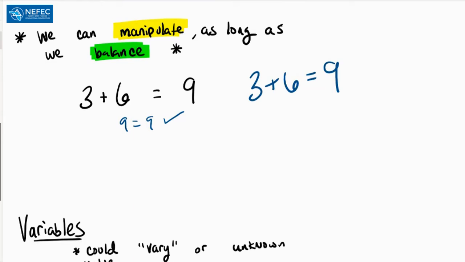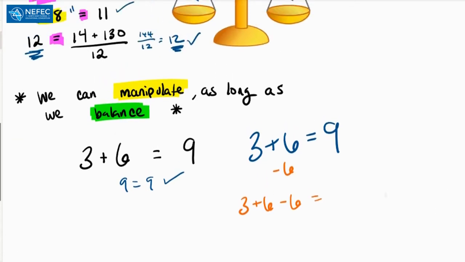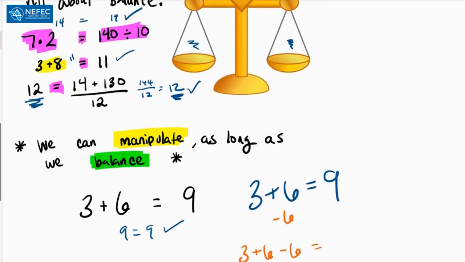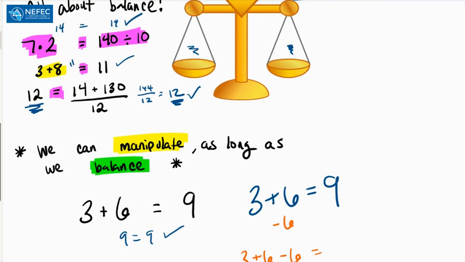Instead of 3 plus 6, I'm going to subtract 6 and rewrite this as 3 plus 6 minus 6 equals. If we go back to the image of the balance, what I've done is taken some out of this side. I had a 6 on this side, and I took it out.